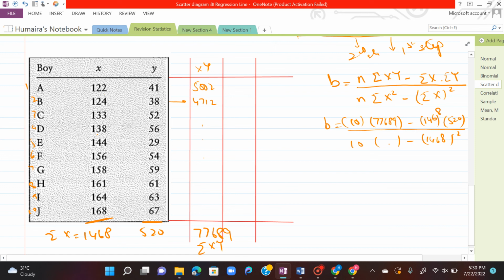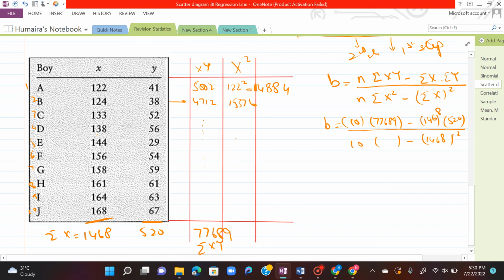Okay, and here I need the summation x square, so just use one more column, x square. Okay, this is 122 square. So 122 square is basically 14884. Then it's 124 square, which is 15376.